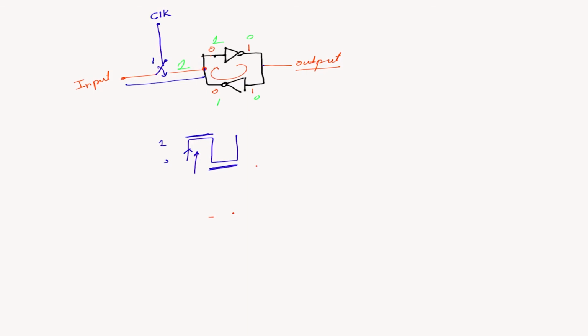But what we want to do is make sure, wait a minute, so let's add another switch there. And let's put an inverter here. So when input is 1, clock is 1, this is on and this circuit breaks.